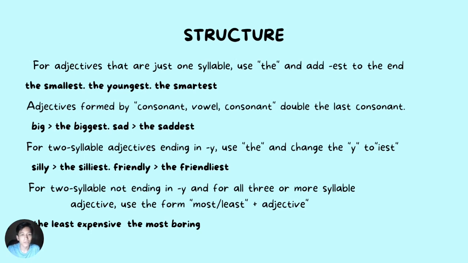And finally, for those two syllable adjectives not ending in y, and for all adjectives of three or more syllables, we use the form most and least plus the adjective. So it will be the least expensive, or the most boring, or the most interesting, the least interesting.